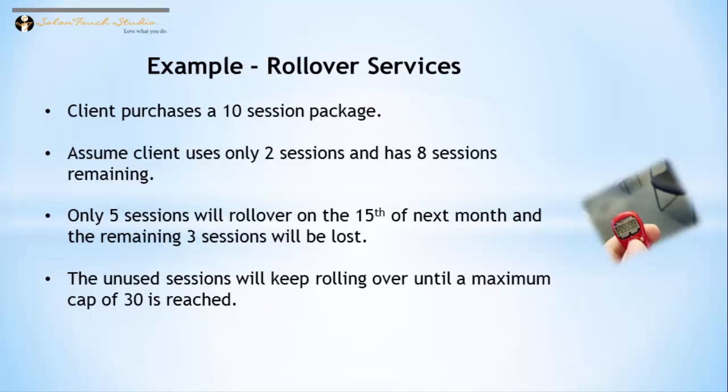Then only 5 units will roll over next month, and the remaining 3 units will be lost, because we defined that the maximum number of units to be rolled over is 5, and not all the unused units. So the unused units will keep rolling every month until a maximum cap of 30 units is reached. After that, no more unused units will roll over until the existing 30 units are used.